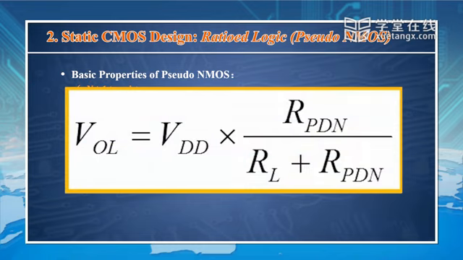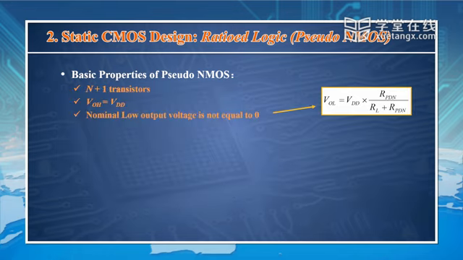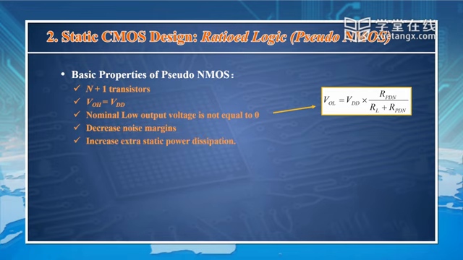So the output voltage low depends on the resistive divider composed of the pull-down network and load device. So VOL equals VDD times RPDN over RL plus RPDN. Therefore, because the VOL is not equal to 0, it decreases noise margins and increases extra static power dissipation.